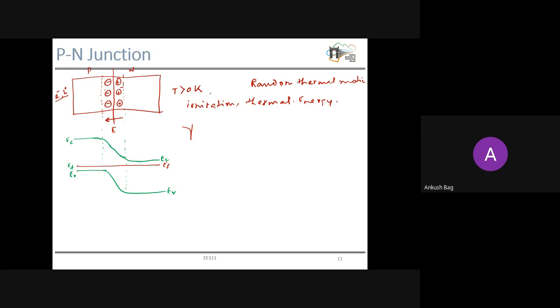Now, due to the thermal energy, because here the condition is T greater than 0 Kelvin, and let's say still it is less than room temperature.